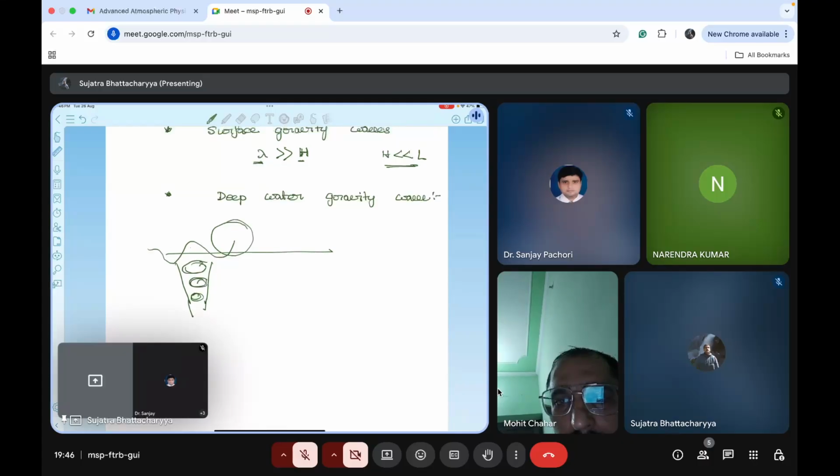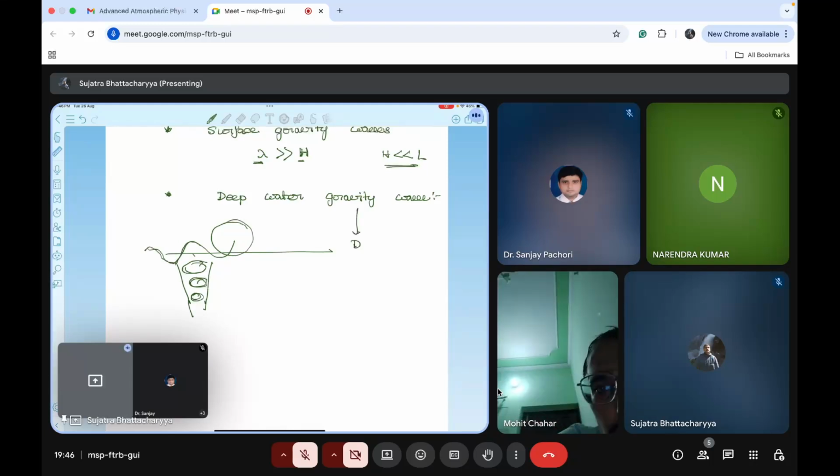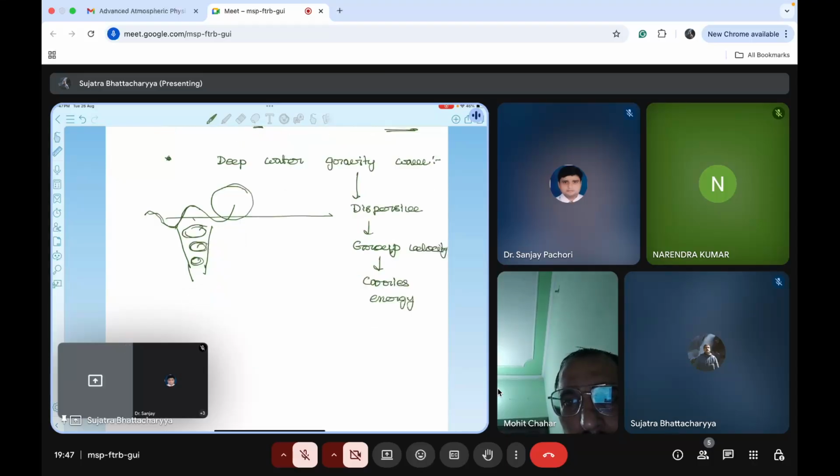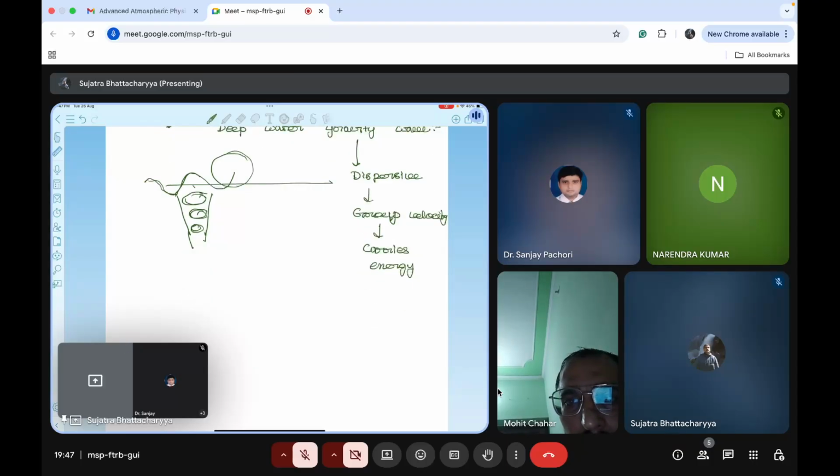But finally, in the case of deep water gravity waves, you find that it is dispersive. Hence, it will have a group velocity, and we know that group velocity carries energy. Now, what is the group velocity?